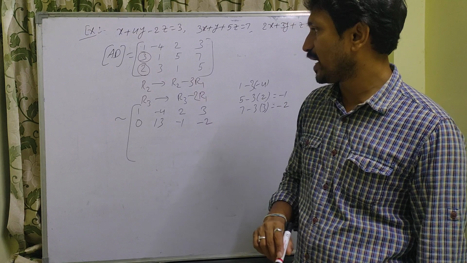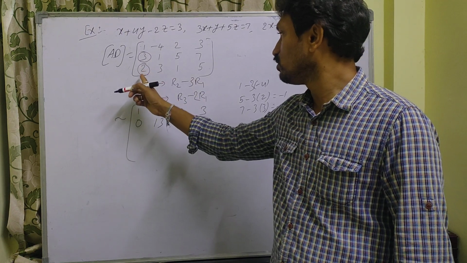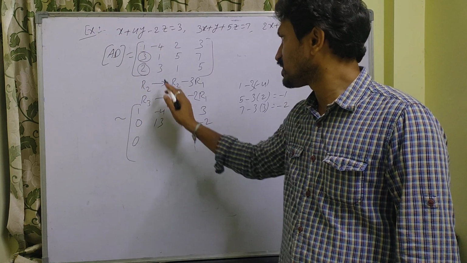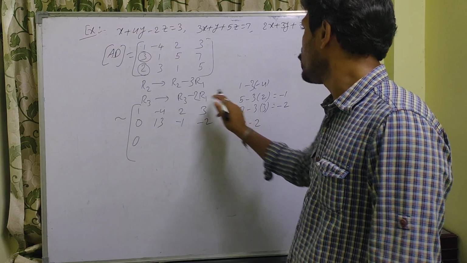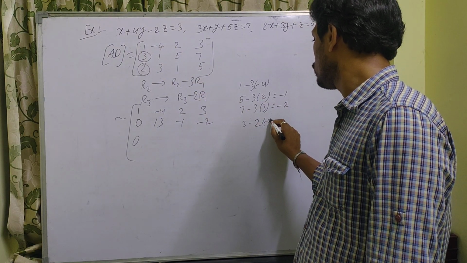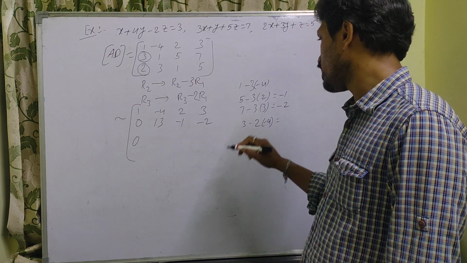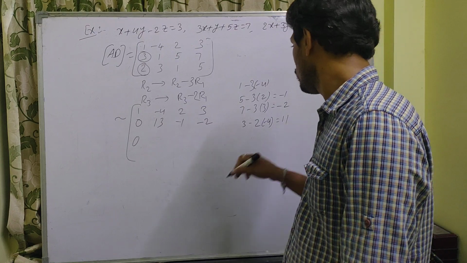Next, the second row is completed. Go to the third row. R3 minus 2R1. So 2 minus 2 into 1, 0. Next, 3 minus 2 into minus 4. 3 plus 2 4s are 8. 3 plus 8, 11.